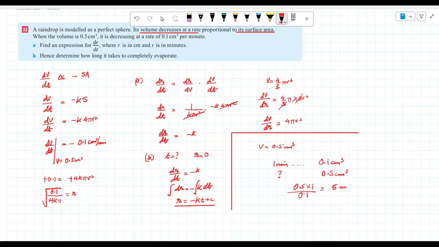So in 5 minutes, if it's 0.5 centimeter cube, it will become 0 in 5 minutes. But that can't be. Then what do I have to do? The radius will be 0 in 5 minutes, but that's not what it is. I don't know, something is not clear. I'm not able to answer.